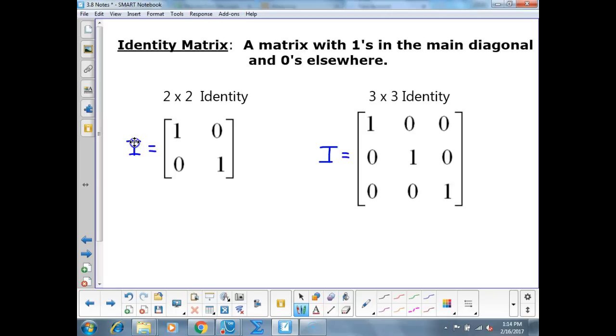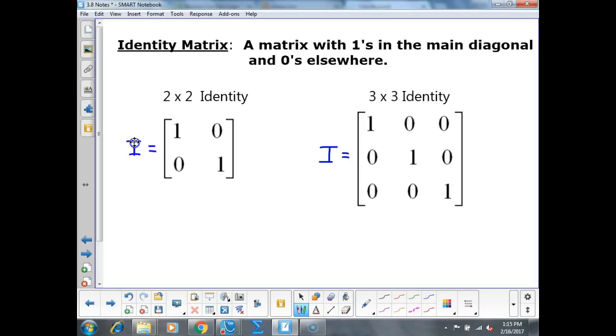So this right here is the main diagonal, the big main criss diagonal, from when we were doing crisscross the last couple of days. It's got ones on that, and it's got zeros everywhere else.